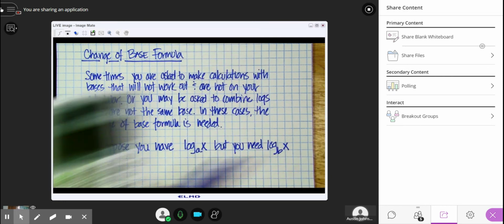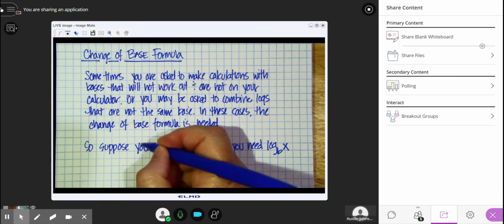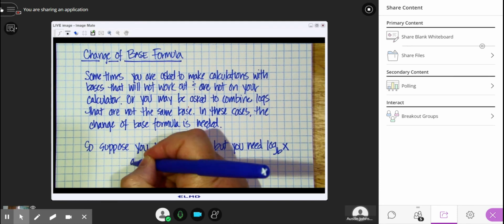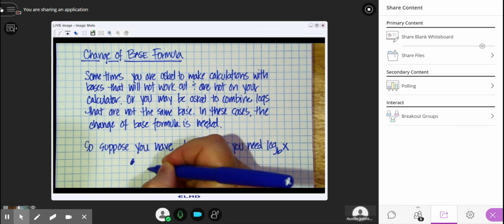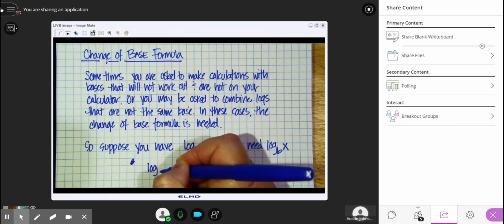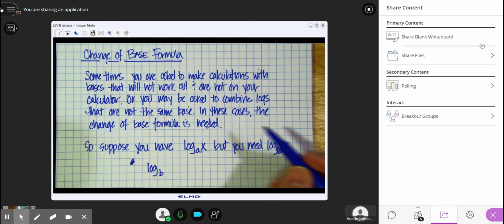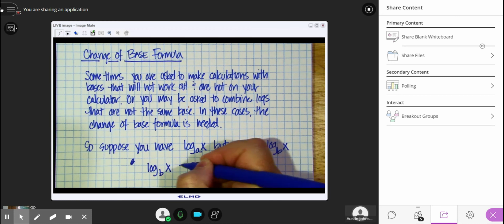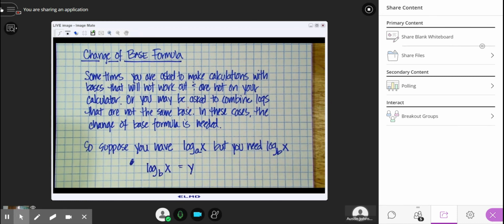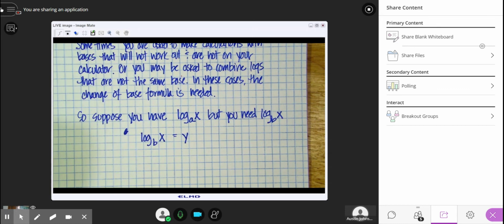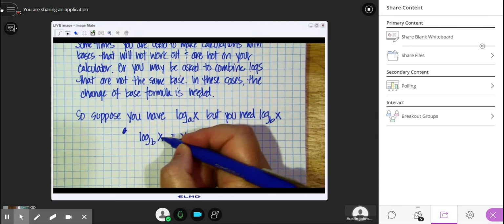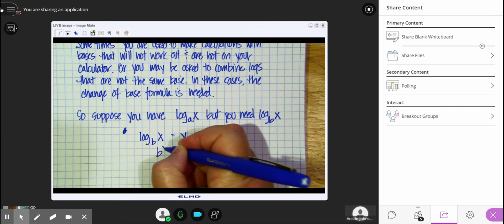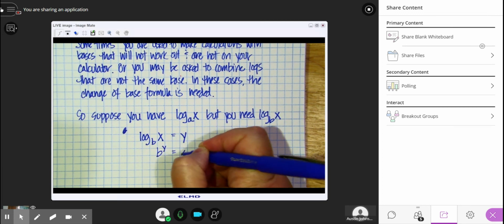Let's say you're needing log base B of x, and that's going to be some value y. Now, in exponential form, this is b to the y is equal to x.